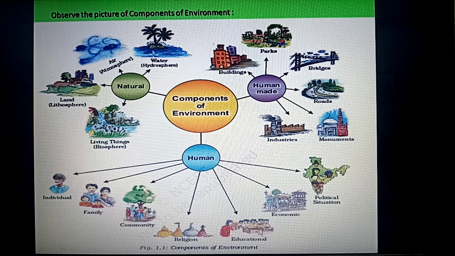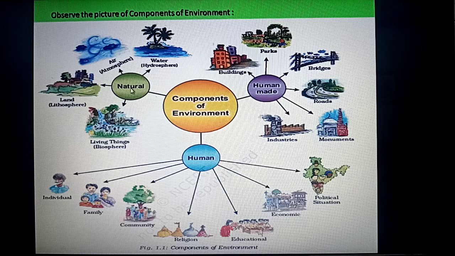First of all, water, or we call it hydrosphere also. Here hydro means water. Then air or atmosphere. Then land or lithosphere. Then living things means biosphere. Here bio means something which is connected to life.